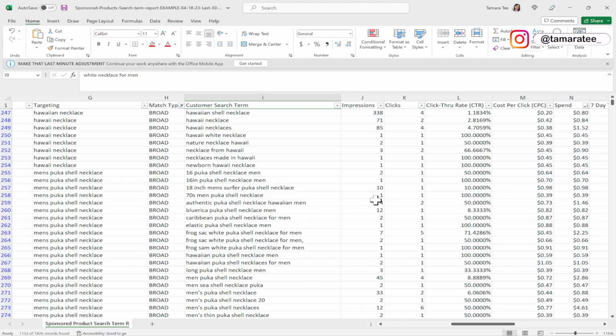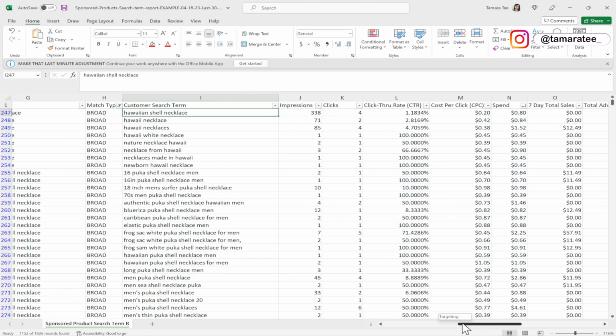The only difference is that when you are running a broad, phrase, or exact match campaign, you are in charge of your keywords. When you create your campaigns in Amazon Seller Central, in your broad campaign, you may be targeting Hawaiian shell necklace. Amazon will place your sponsored ad for all of the broad keywords related to Hawaiian shell necklace. But the optimization is pretty much the same.